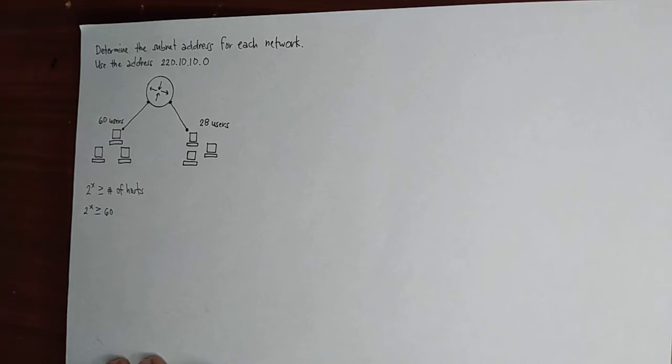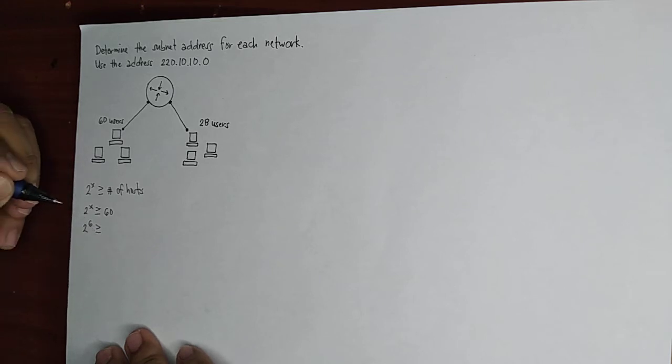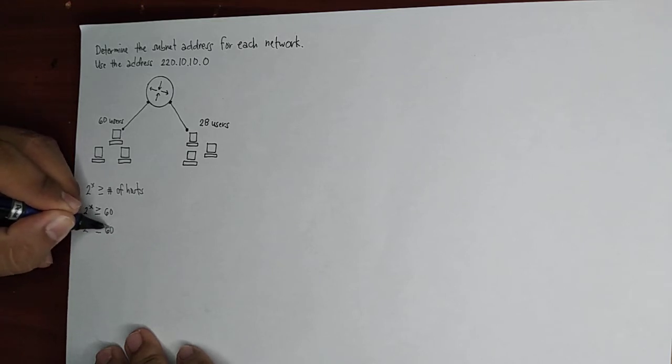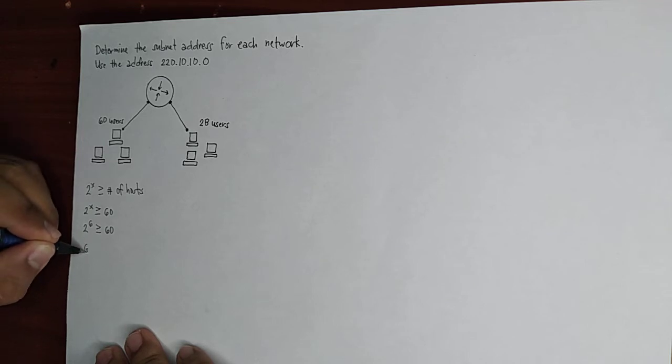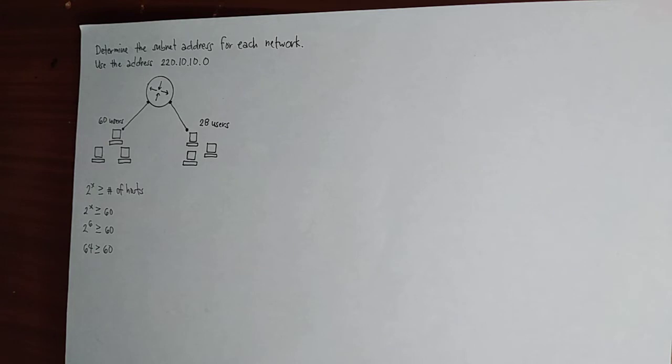What could be the value of x? 2 raised to the power of 6 is 64, and 64 is greater than or equal to our 60. So we have our number of hosts using 6 bits.